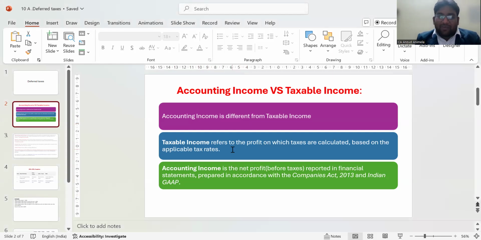Taxable income is just for the purpose of tax calculation. How to derive it, we will understand from profits or gains from business and professions under the Income Tax Act. Accounting income is publicly available information, prepared in accordance with the Companies Act 2013 and Indian Generally Accepted Accounting Principles.